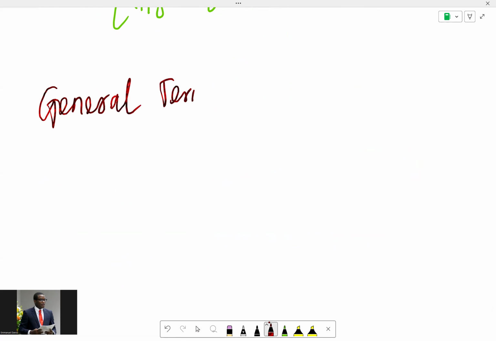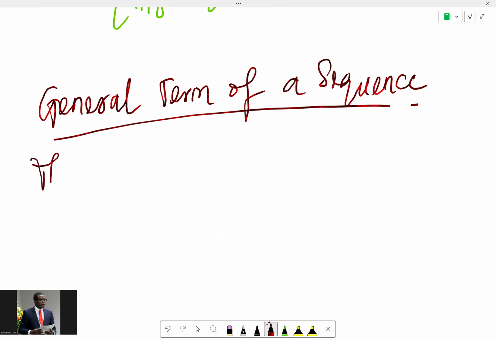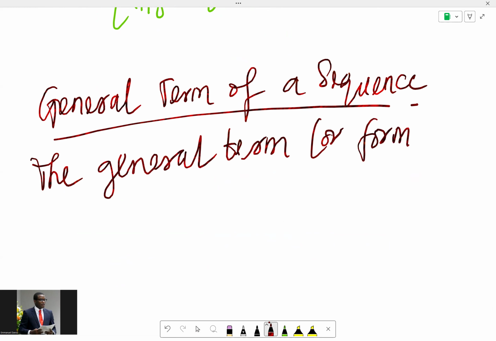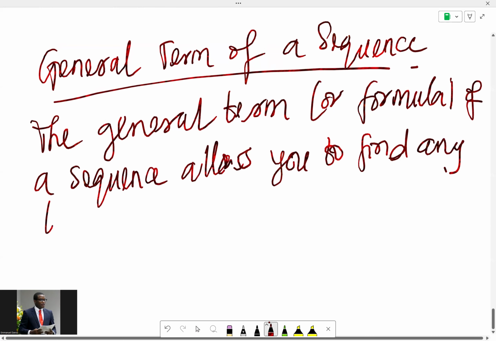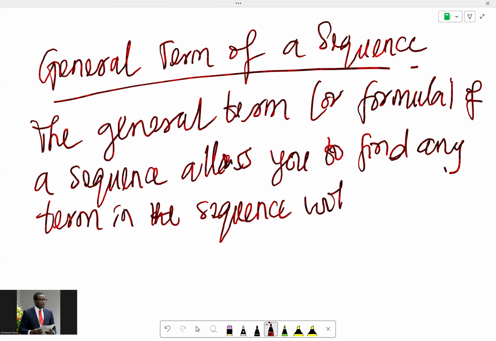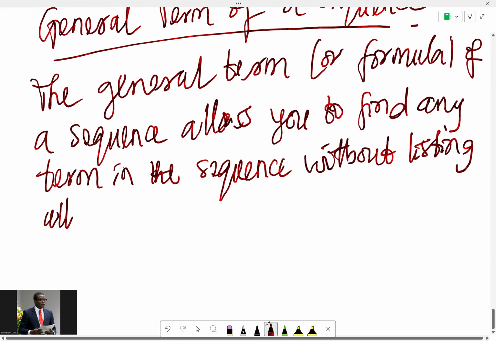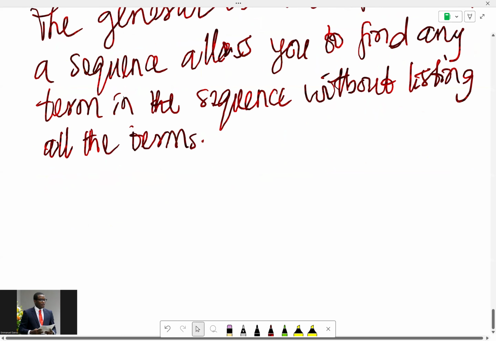So here, the general term, which is also known as the formula of a sequence, allows you to find any term in the sequence without listing all the terms.